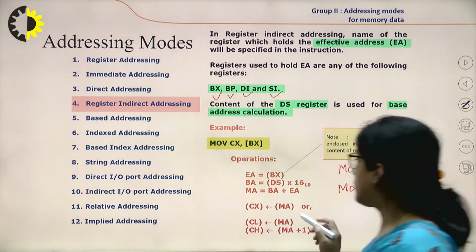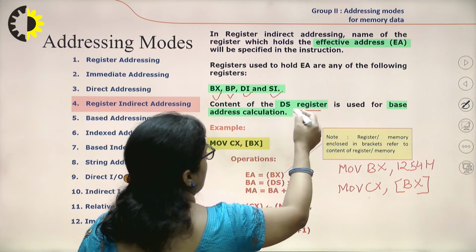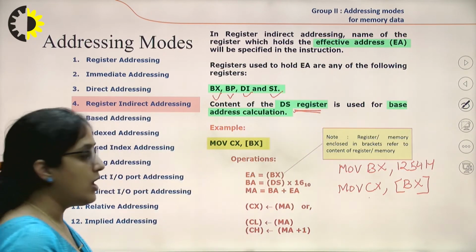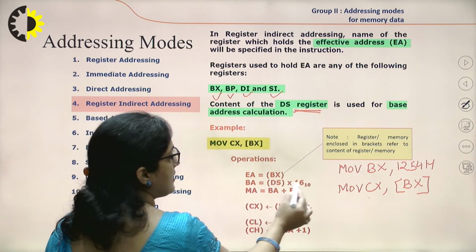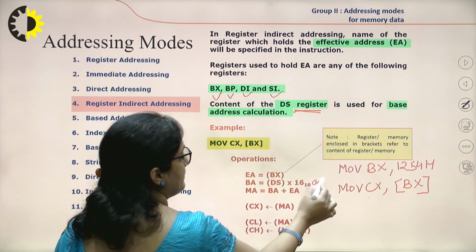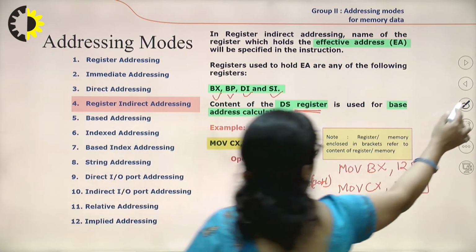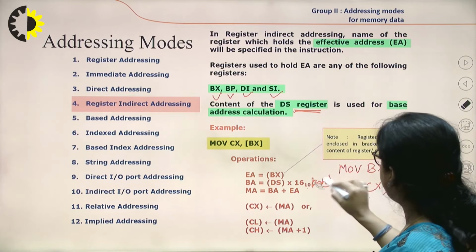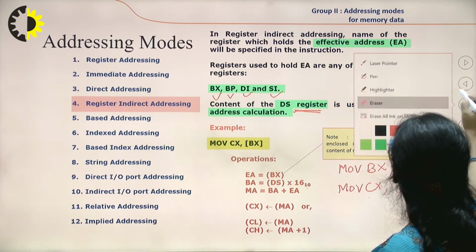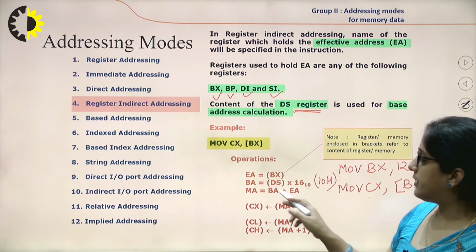Now how is it going to do that? Here the DS register is considered as the base address. So the content of DS is multiplied by 16 decimal, or we can say 10H in hexadecimal, and this will be the base address.